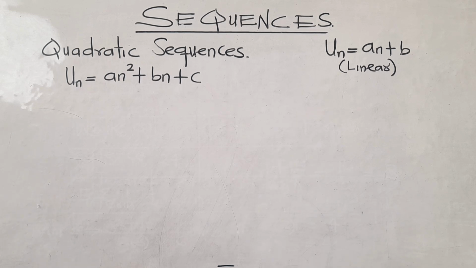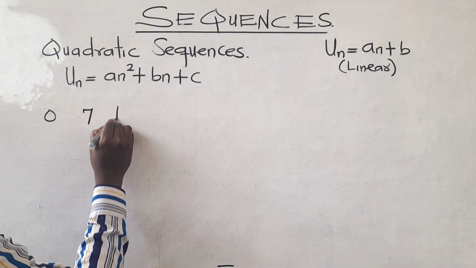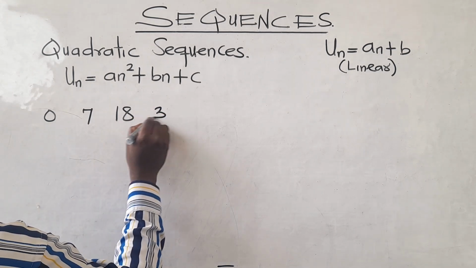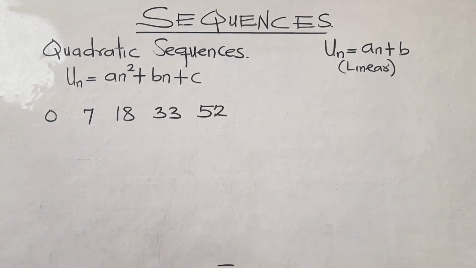Okay, we'll start this way. We have, for example, 0, 7, 18, 33, 52. Let's see if this is a quadratic sequence.